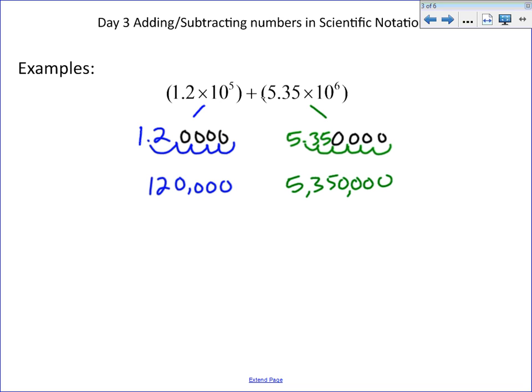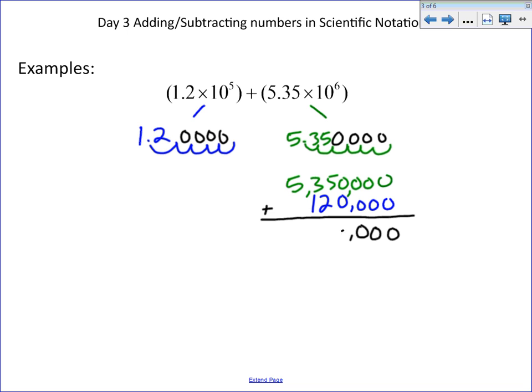Now keep in mind we're adding these, so we're going to take this answer, stack it on top of this, and add the two. If it were a subtraction, we would have subtracted the two. Now we get 0, bring the zeros down, a comma, another 0, 5 plus 2 is 7, 3 plus 1 is 4, and then bring the 5 straight down.